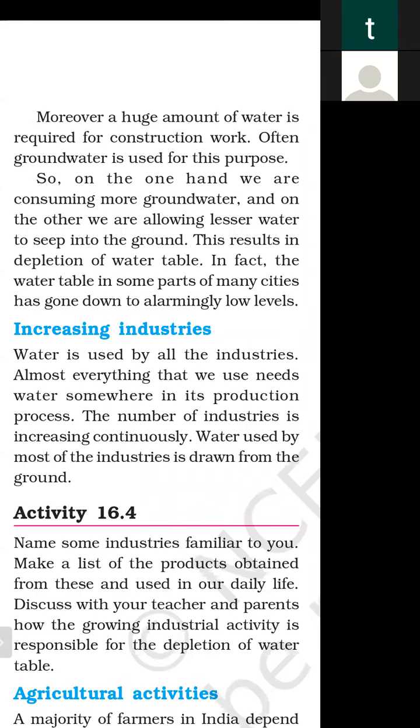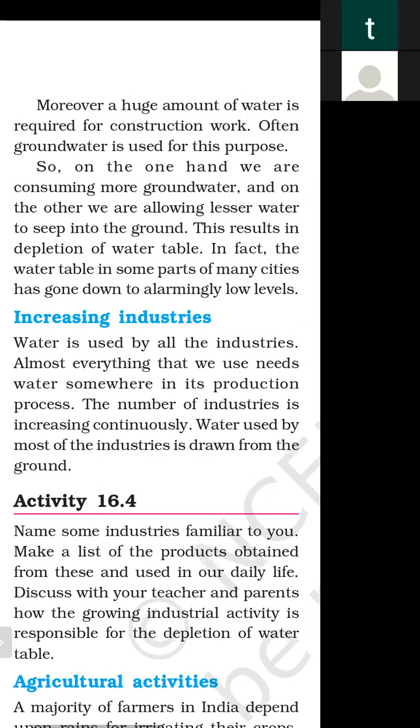So not much water is available in rivers, lakes and ponds for industrial uses. So from where do they get water? They use water from under the ground, means groundwater.